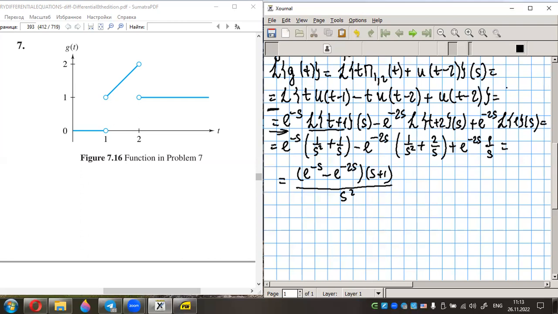And here we have 1. It doesn't depend on t, so we write only 1. Is it clear now? I made a mistake here.